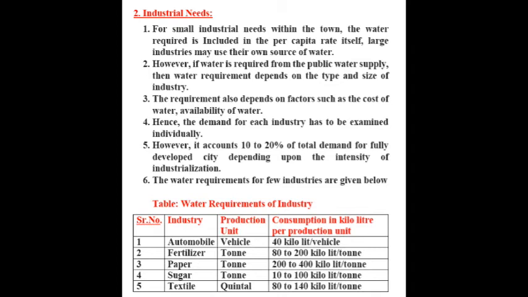Table shows us industry, its production unit and consumption in kiloliter per production unit. Some industries such as automobile, fertilizer, paper, sugar and textile are given in this table, and their consumption in kiloliter per production unit are given.